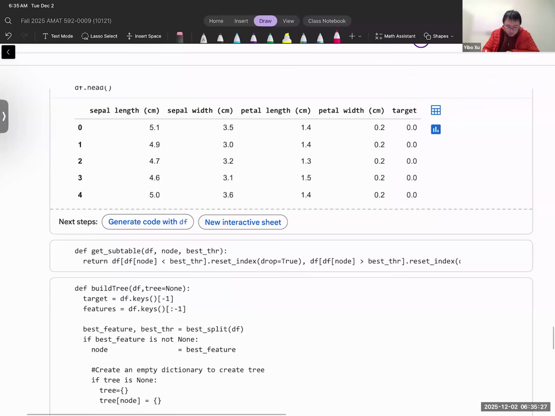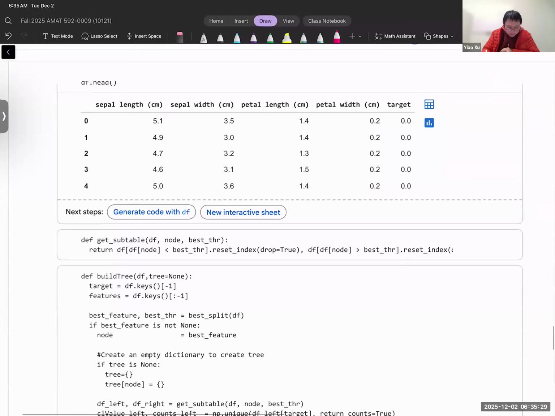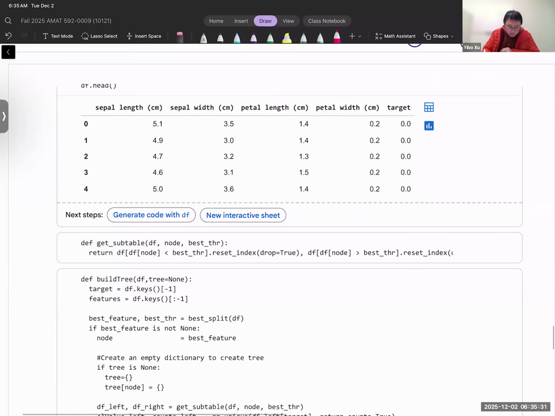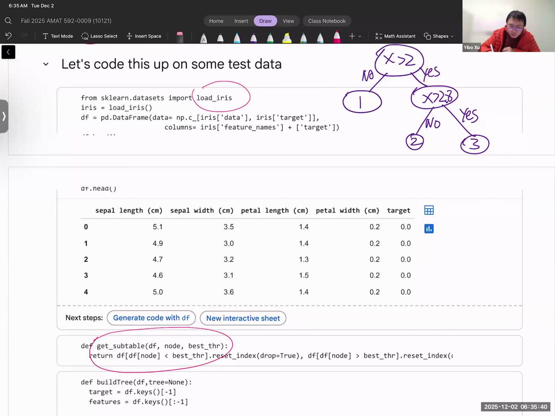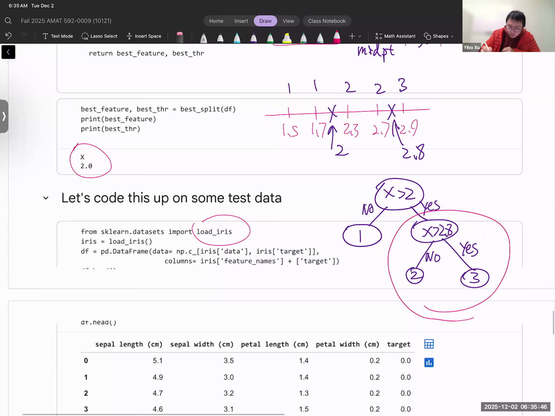So essentially here you still need to get a subtable, because for this algorithm, once you decide a node, you only look for the data that's remaining. So you start with these 3 data points, and essentially you remove a bunch of rows and columns, and then you concentrate on the rest.